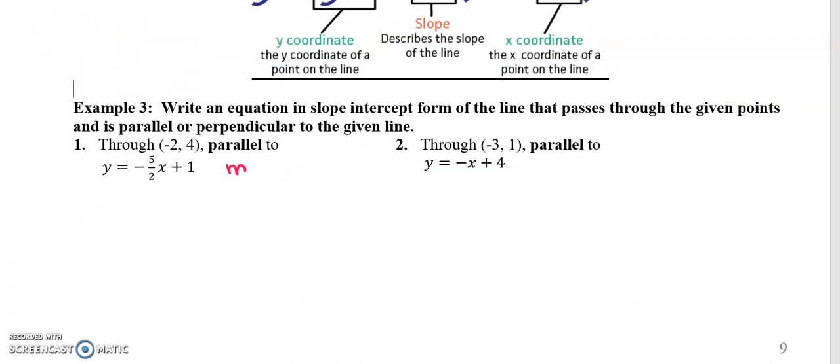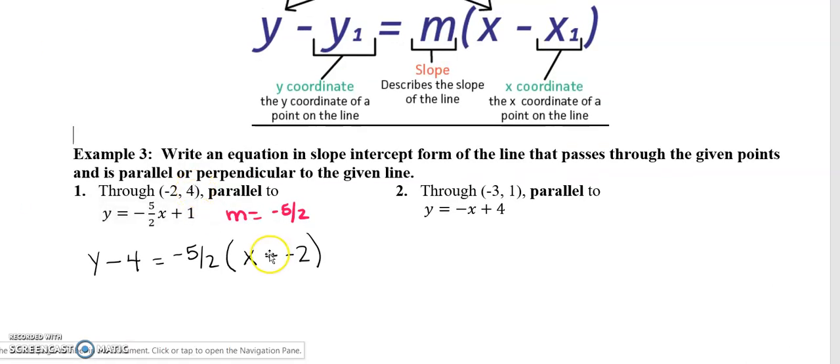So our slope is going to be negative 5/2. And then here's our x1 and our y1. So y minus 4, which is our y1, equals our slope, and then parenthesis x minus, and then my x1. So make sure that you have the minus and the negative for our negative 2.